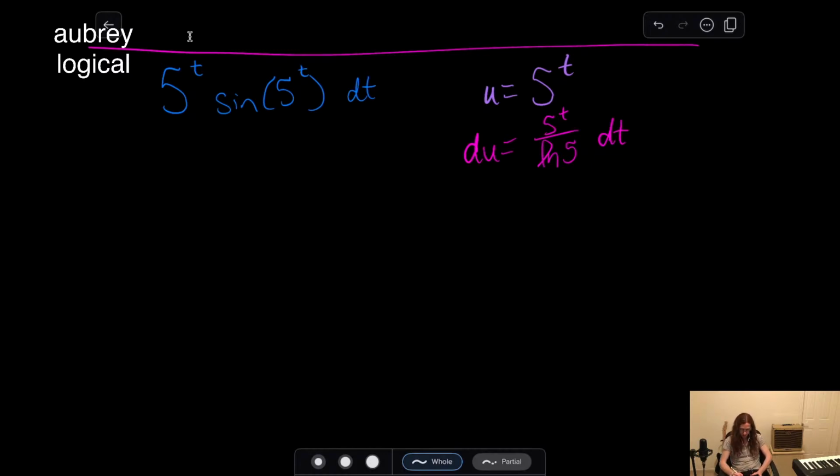Like I said, the derivative and the antiderivative are just the opposite of each other. So the antiderivative is division, but the regular derivative is times. So it's 5 to the t times ln of 5. And so now we're good.